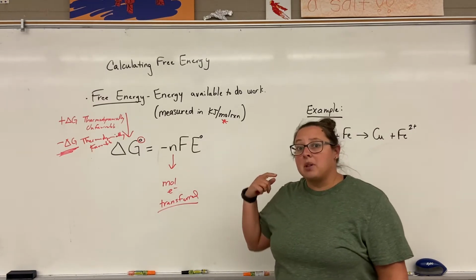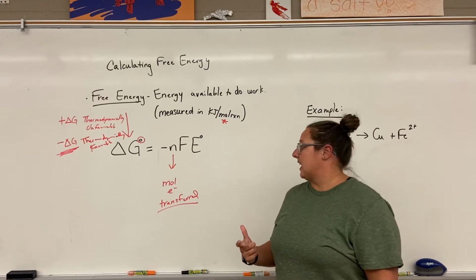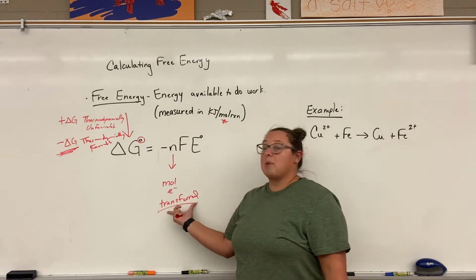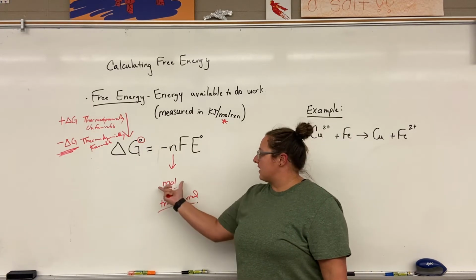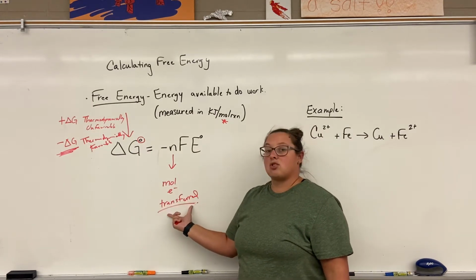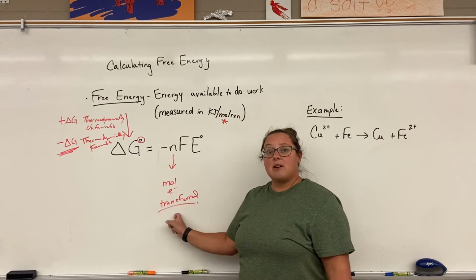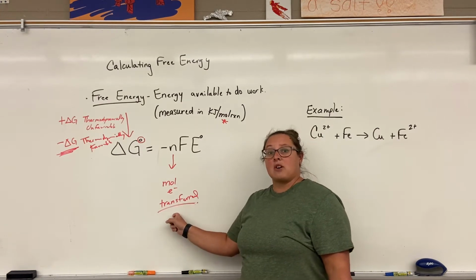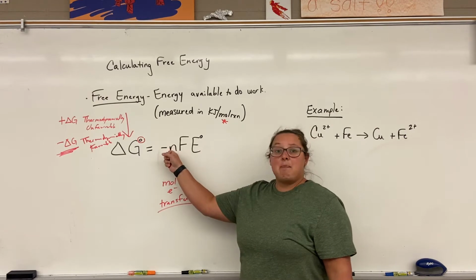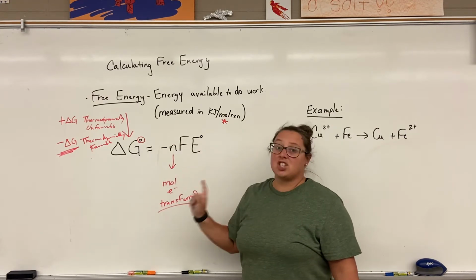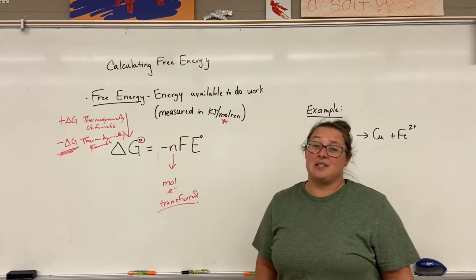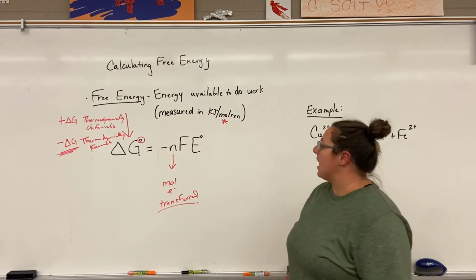And that we would have to plug it in somewhere in order to get it correct. This is where we plug that in. So n stands for moles of electrons transferred. It's very important that you get this n number correct because a lot of the time the AP readers will give you 1 point just for getting n correct. And it's a very easy point as long as you know how to do it.